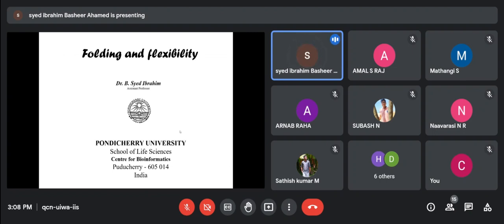Each amino acid is brought to the ribosome one by one, and finally a polypeptide is synthesized. If you have a protein of 500 amino acids, it will be a long polypeptide chain of 500 amino acids.